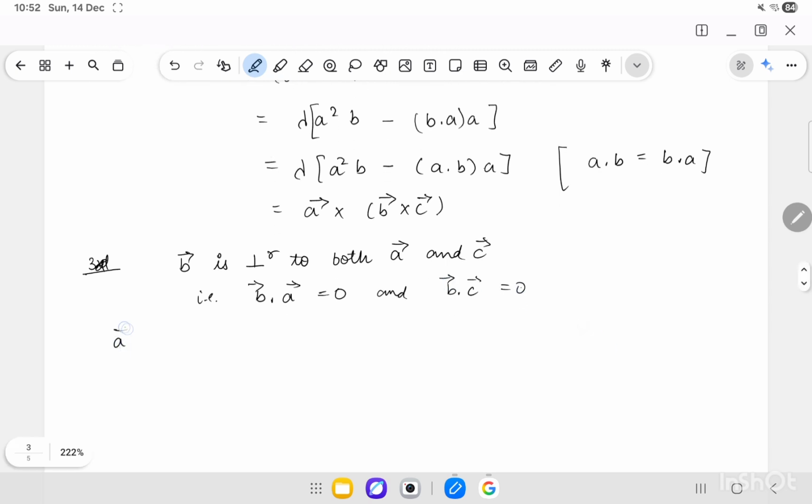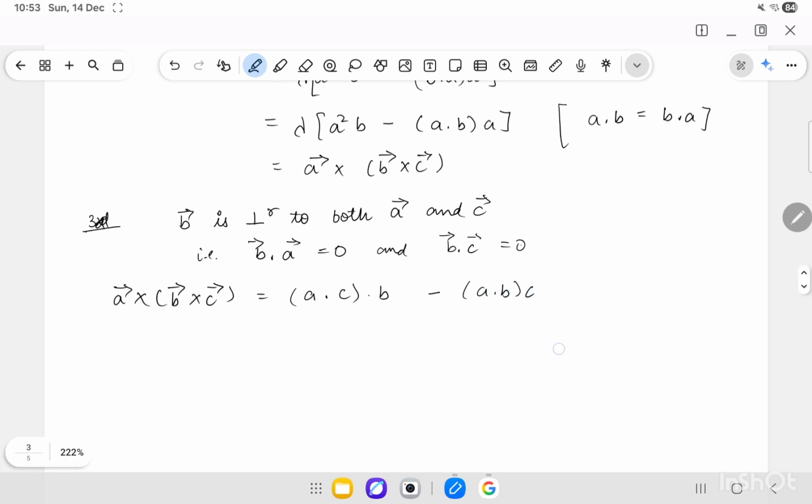Now if I compute this term, it will be equal to A dot C times B minus A dot B times C, and since A is perpendicular to B, this term will be equal to 0, so we'll be left with A dot C times B.